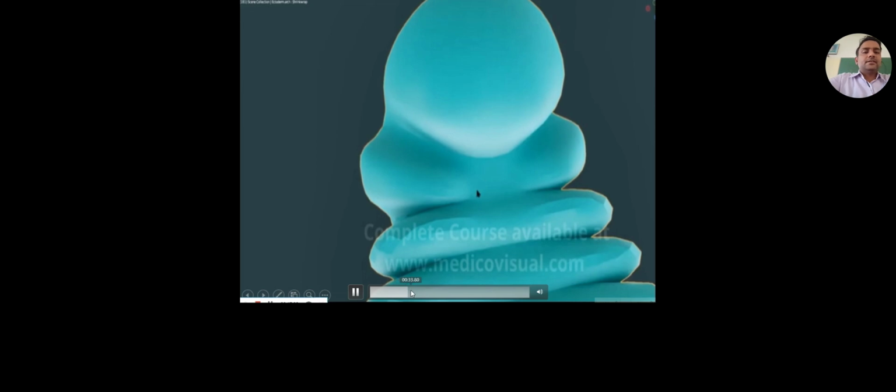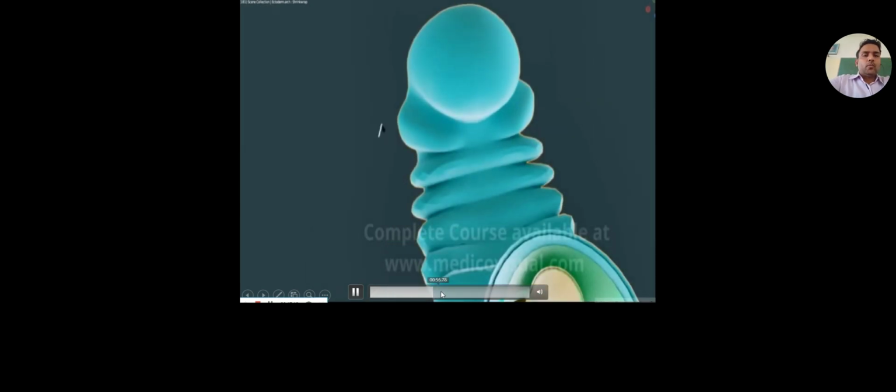Like this, these surface thickenings will appear, that is the oropharyngeal membrane forming the future oral cavity. Hope you are following the animation here. You can see that is the first arch with the maxillary and mandibular process. Second arch is there, third arch, fourth arch, and there is the 6th arch.